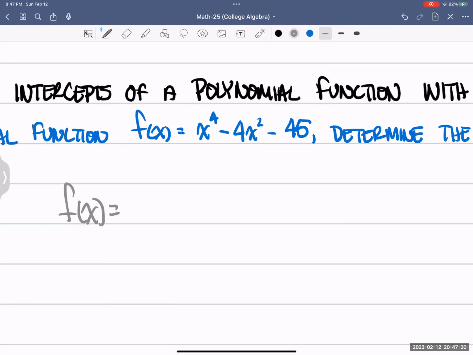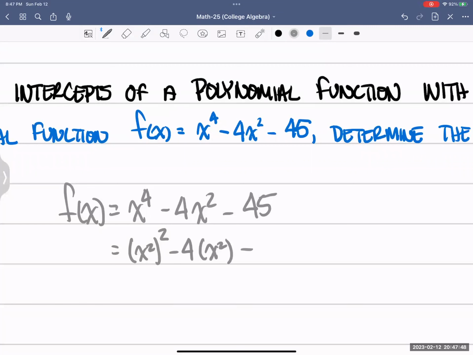All right, f of x is equal to x to the power 4 minus 4x squared minus 45. I know this isn't a quadratic, but it is quadratic in form. We could think of this as x squared squared minus 4x squared minus 45.